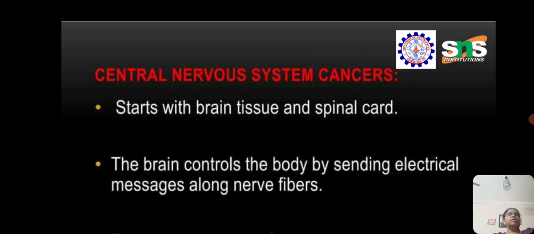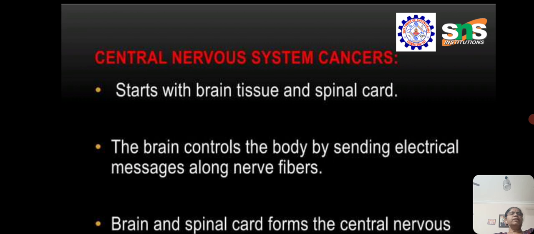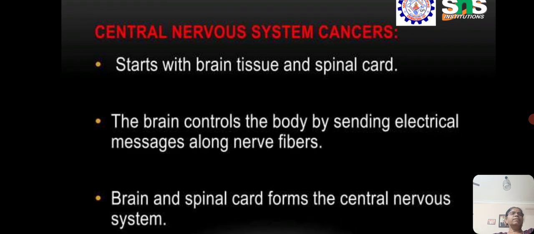Then the central nervous system cancers. Nervous system cancer starts with the brain tissue and the spinal cord. The brain controls the body by sending electrical messages along nerve fibers. Brain and spinal cord form the central nervous system.